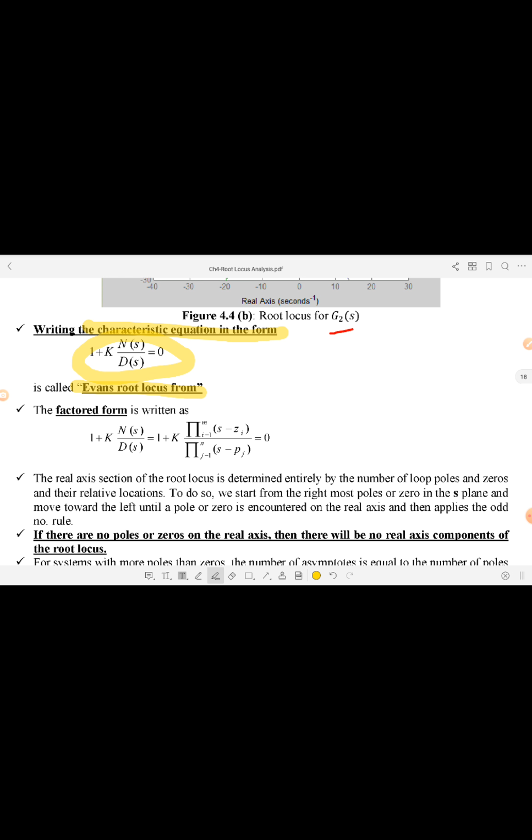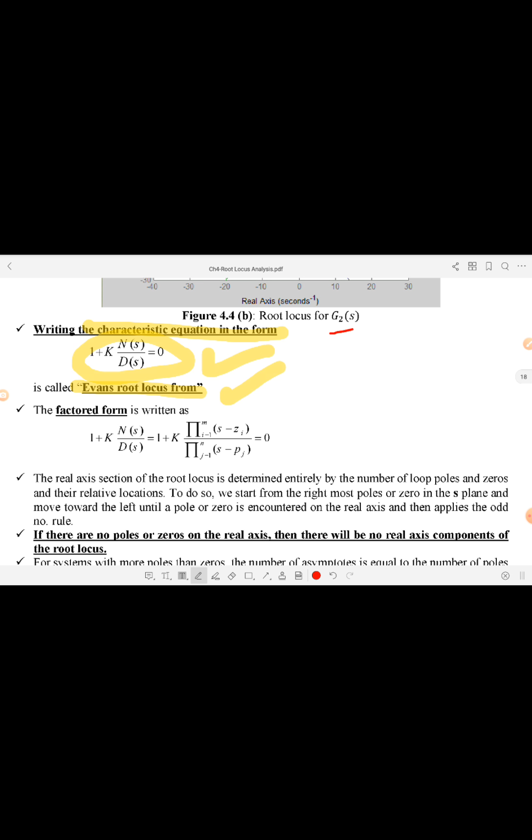So it's important, if the characteristic equation is given to you as a polynomial and not directly in this format, that the designer should convert the characteristic equation from the polynomial format to the Evans root locus format.